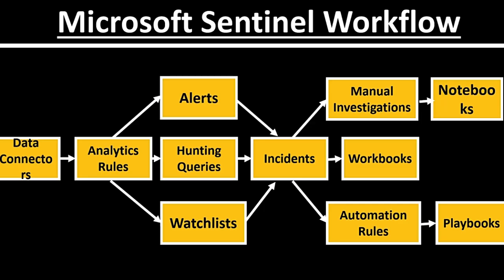This helps analysts see the bigger picture and determine if multiple alerts are related to a coordinated attack. And then playbooks, that are automated workflows, can be triggered to contain threats, notify teams, or gather more data. Security analysts can also manually investigate incidents and take necessary actions to mitigate risks.